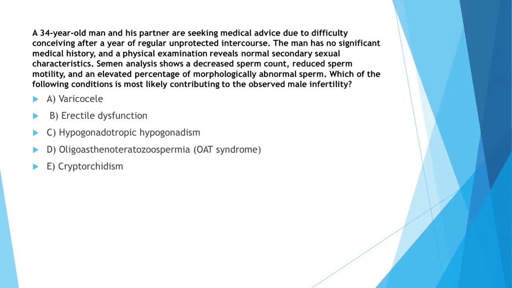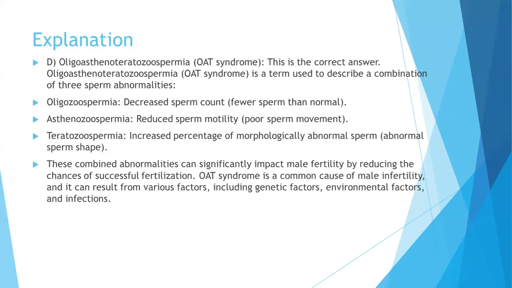Varicocele, erectile dysfunction, hypogonadotropic hypogonadism, oligoasthenoteratozoospermia syndrome, or cryptorchidism. So, oligoasthenoteratozoospermia is a term used to describe a combination of three sperm abnormalities: decreased sperm count, which is called oligospermia, reduced sperm motility, which is called asthenospermia, and increased percentage of morphologically abnormal sperm, which is called teratospermia.